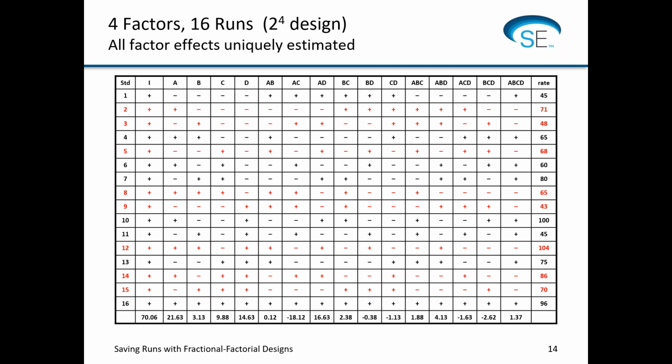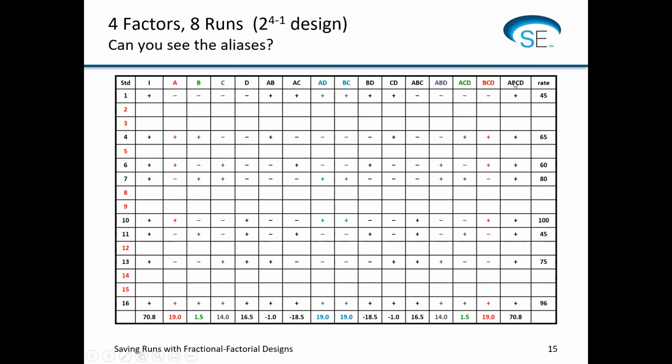Let's say we want to make this into a half fraction. So we're going to throw away all the runs where ABCD is negative. That means the I column equals the ABCD column. So that's going to be the defining contrast. Now, column A in red here is going to be identical to BCD, also in red. And if you look down at the bottom at the effects, they're both 19.